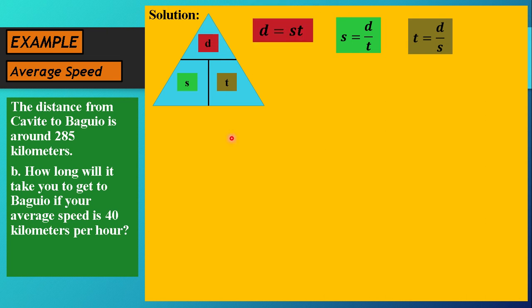Ulitin po natin, yung problem letter B, how long will it take to get to Baguio if your average speed is 40 kilometers per hour?